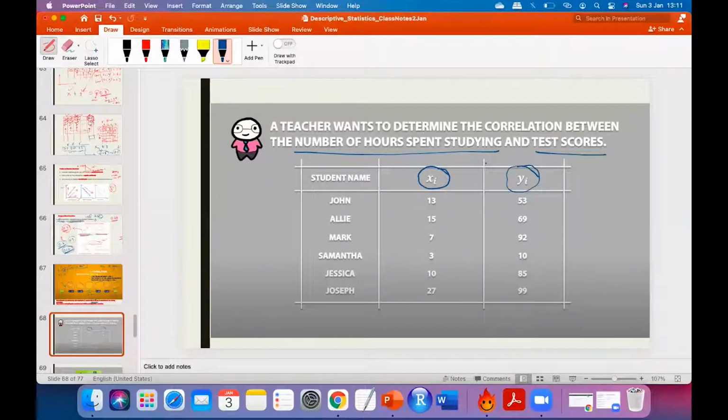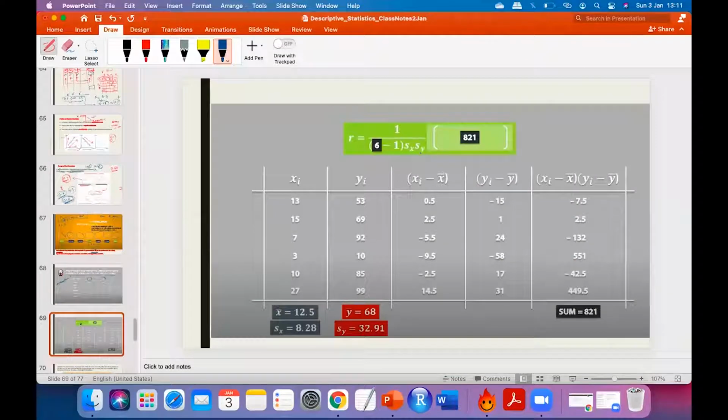If the number of hours spent studying really affects the test score, what will I do? I'll find out the correlation coefficient. In one line you can do it using df.corr with method equal to Pearson. But here I'm going with the help of the formula.